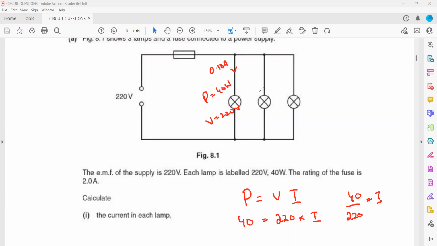These lamps are all identical and they all have the same power. So 0.18 ampere in the first lamp, 0.18 ampere in the second lamp, and 0.18 ampere in the third lamp, because all these lamps are identical and we know the power and the voltage across each lamp.